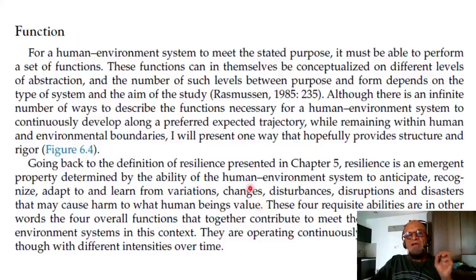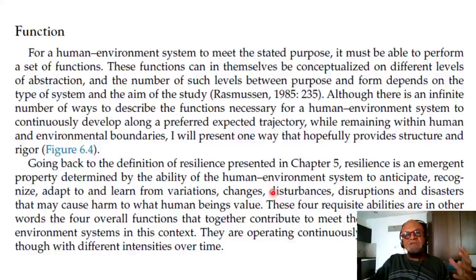So be mindful of what is implied here. We are saying the ability of the human environment system to anticipate, recognize, adapt, and learn. So we are saying we are part of the environment. Environment has its intrinsic ability to respond to perturbations, ice ages, meteorite strikes, plate tectonics, and so on.